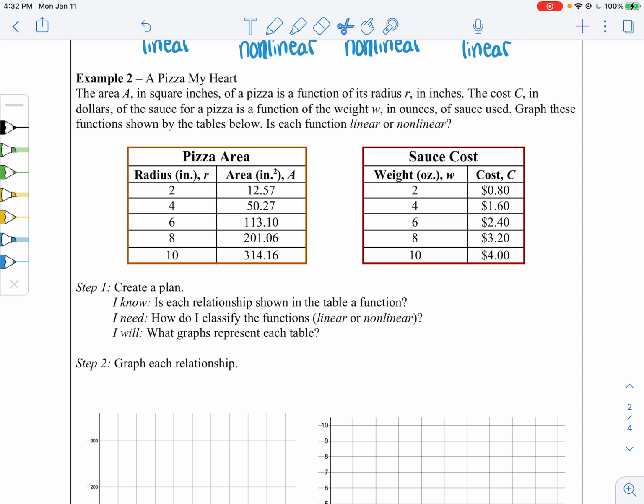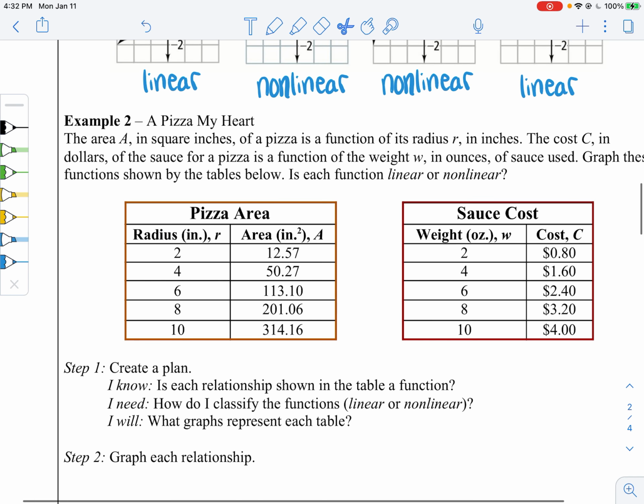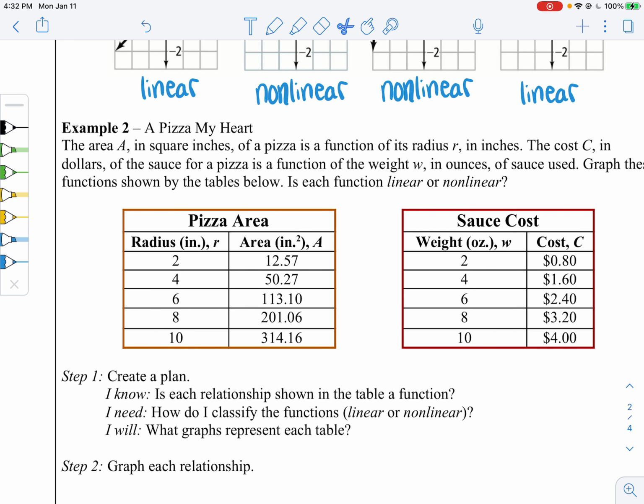So with our first one, we're going to deal with some pizza. The area, oh look, we have area right here. The area in square inches of a pizza is a function of its radius r in inches. The cost for the sauce of pizza is a function of the weight of the sauce used. Graph the functions shown by the table below.